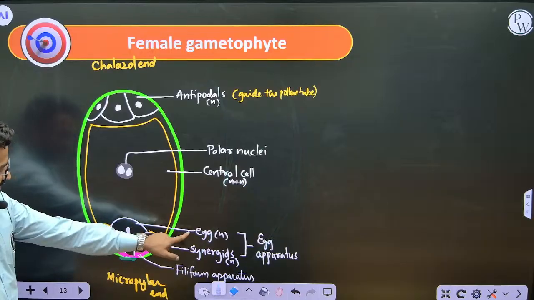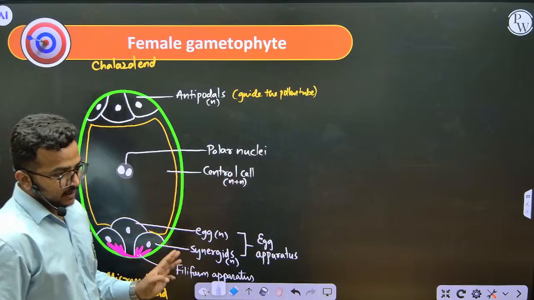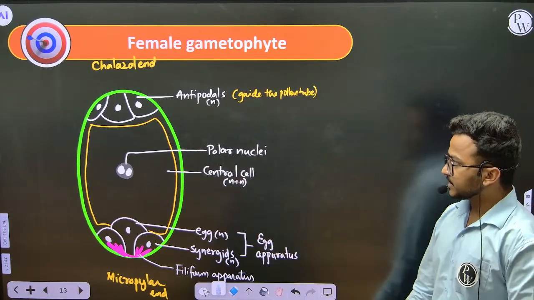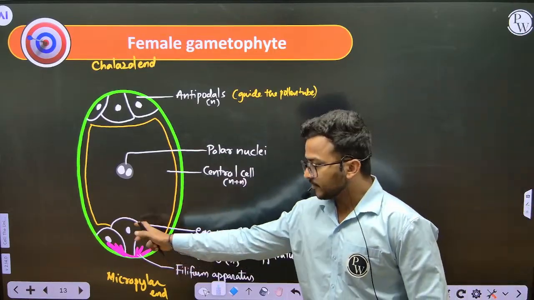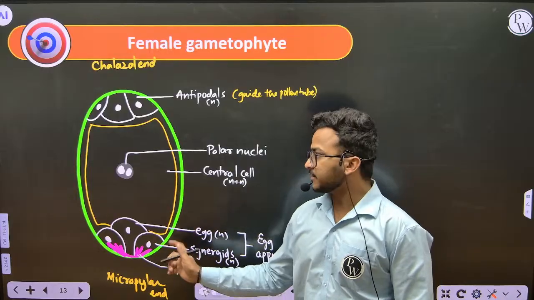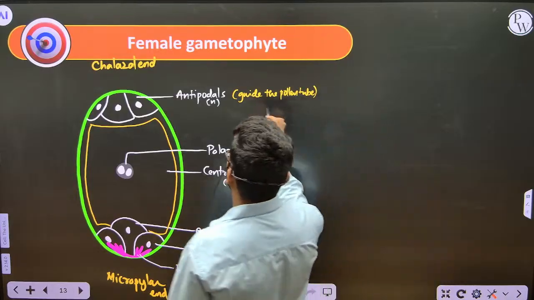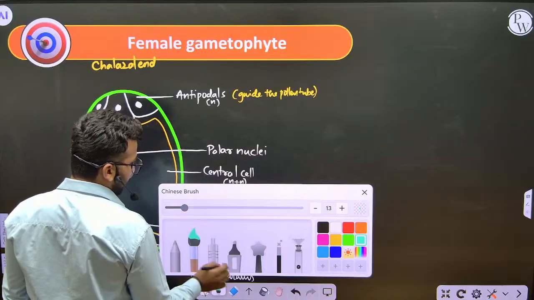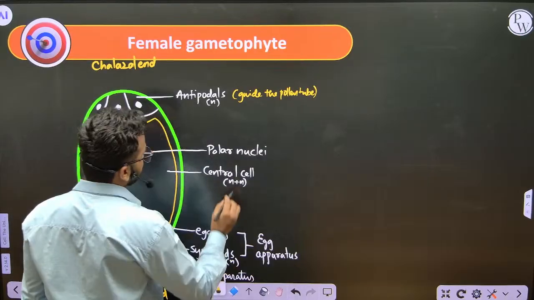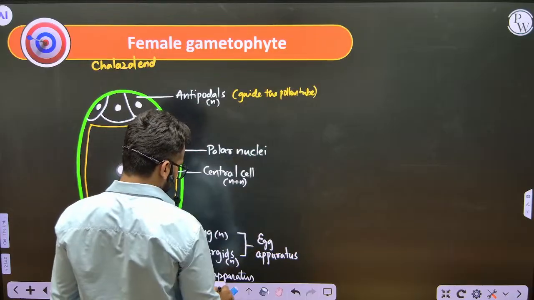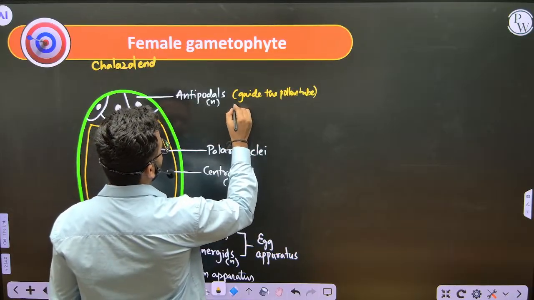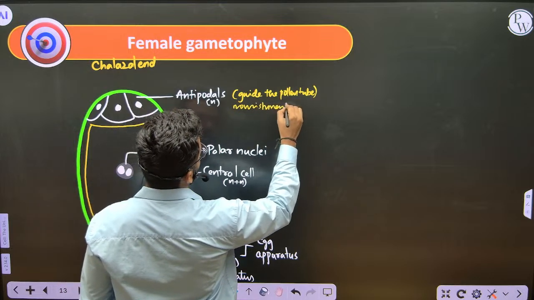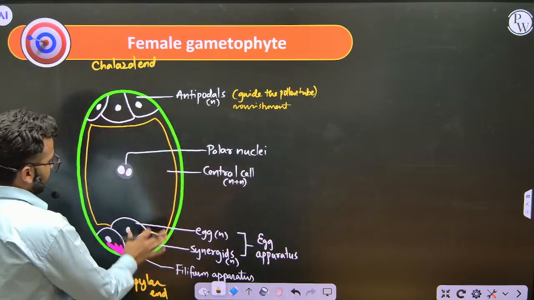The egg is here, that's why it is the micropylar end, the egg will be present there. There the pollen tube germination takes place and the fusion of gametes will take place at that position. Here they guide the pollen tube to the correct position, and antipodal cells also help by giving nourishment to the developing embryo.